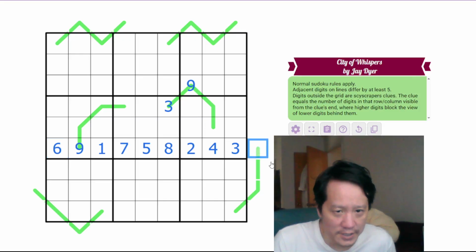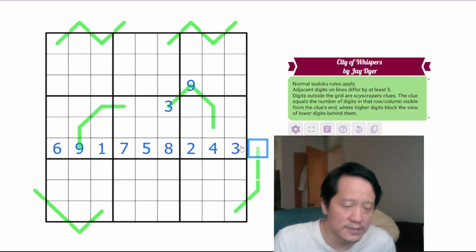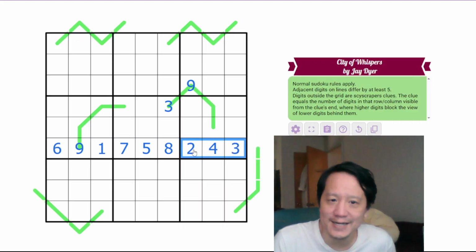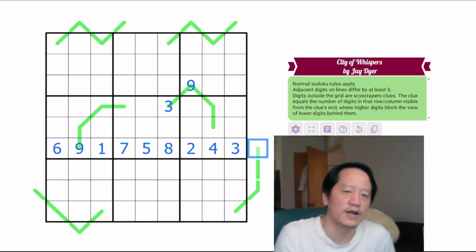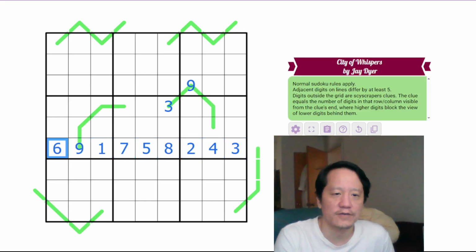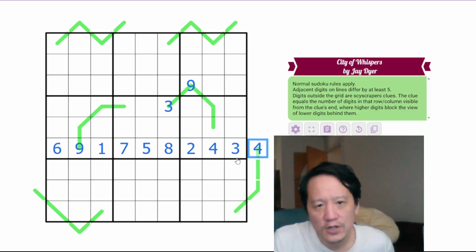Then the clue outside here would have to be, it sees 3, it sees 4. It does not see 2 because that's blocked by the higher digits in front of it. It sees 8, it does not see 5, 7, or 1, and it sees 9. So therefore, if these were the actual digits in the puzzle, this would have to be 4 outside here.